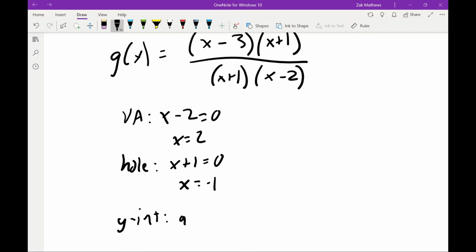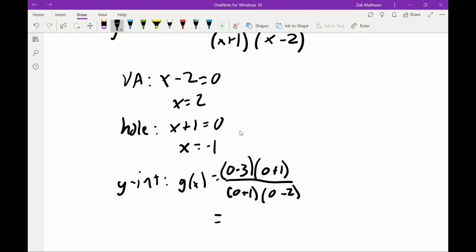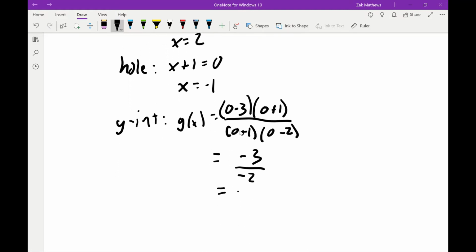We'll have g of x is equal to 0 minus 3, 0 plus 1, over 0 plus 1, and 0 minus 2. So if we simplify there, we have a negative 3 times the 1, that's going to be a negative 3 on top, and then negative 2 times 1 on the bottom, or negative 2. That gives me a y-intercept of 3/2.